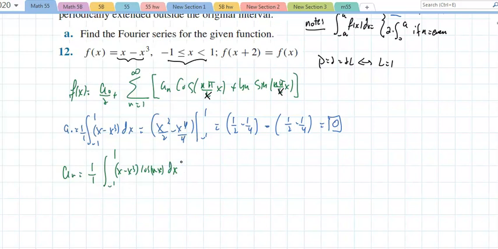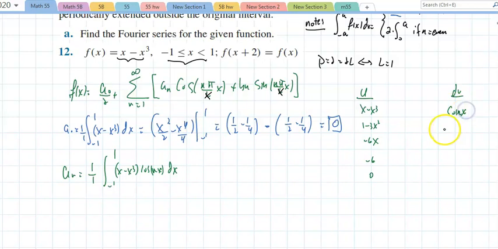Now, I could say, let u be x minus x cubed, then 1 minus 3x squared, negative 6x, and a negative 6 and a 0. So, a lot of work. dv is the cosine of nx. You know what? Let me put that right here. Maybe that's how I should start doing this.